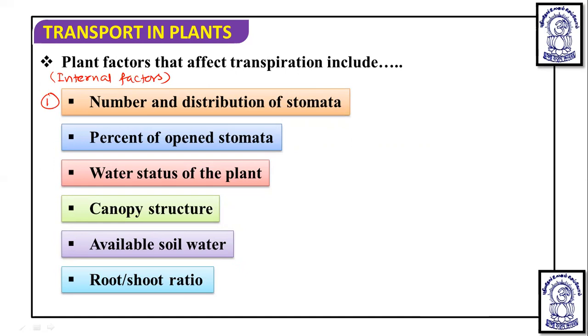If we talk about distribution, the distribution of stomata is variable: usually on the lower surface in dicots the number of stomata is greater, as we have discussed, and in isobilateral leaves both surfaces have the same. So number of stomata is directly proportional to transpiration. As it increases, transpiration increases.